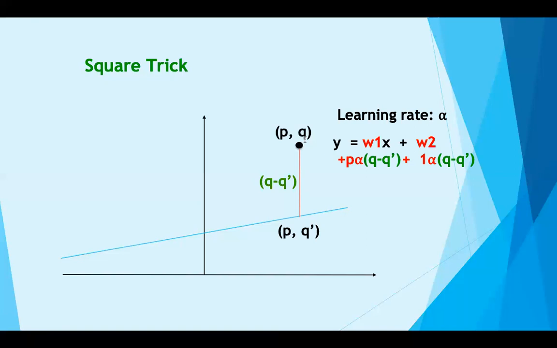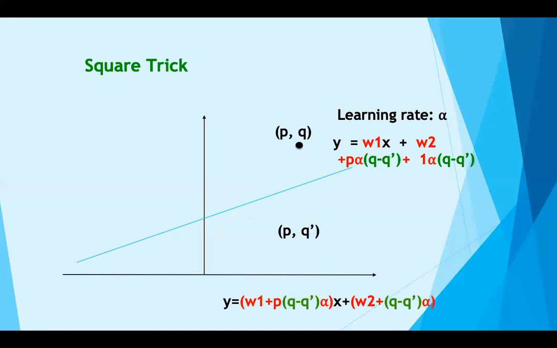This will again make the line go up a little and rotate a little, except that now, if the point is far from or close to the line, the amount the line moves will be affected, and our new equation will be this, which has a factor of q minus q'.